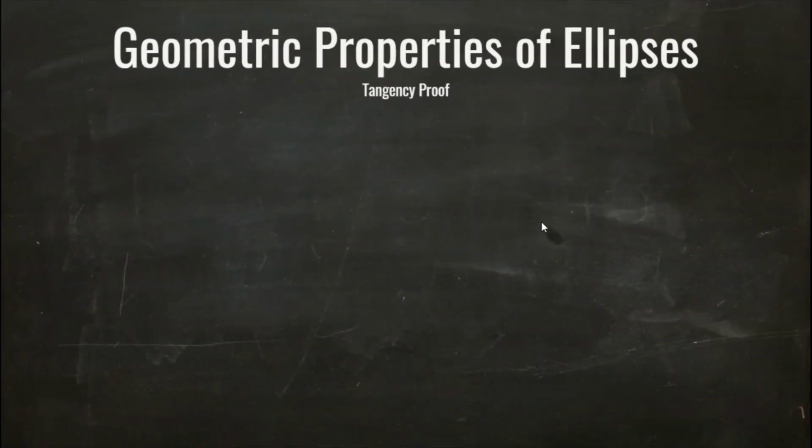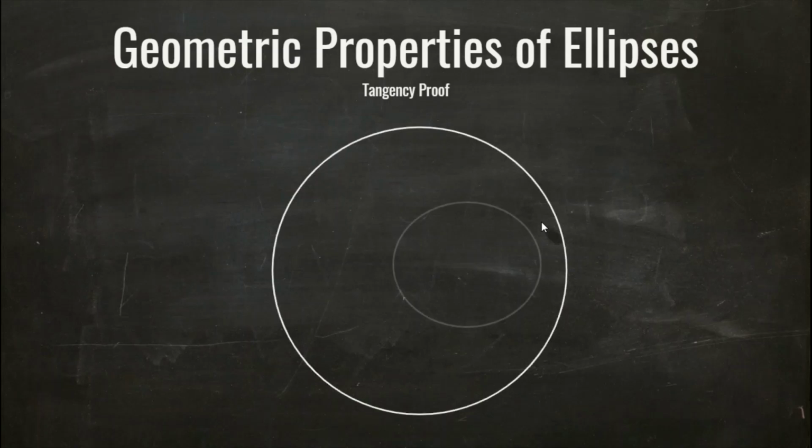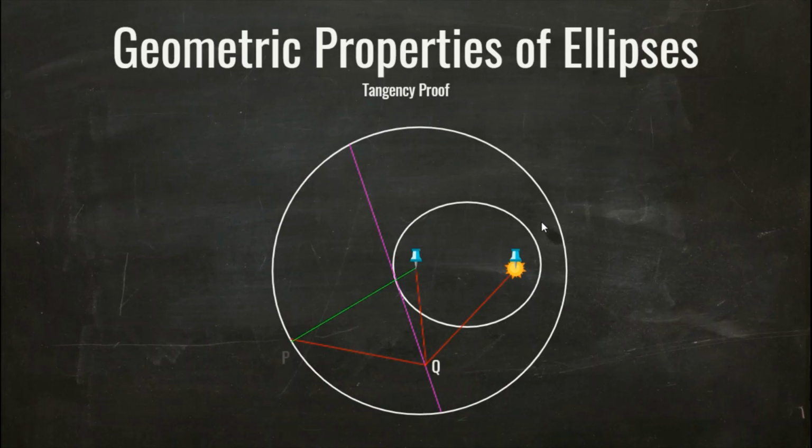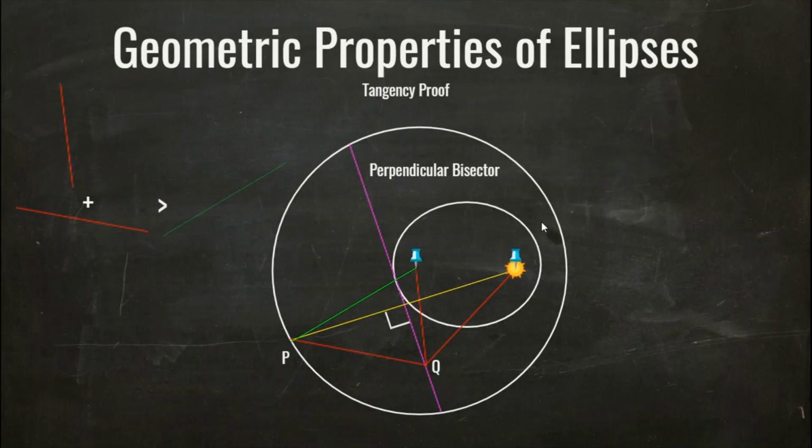Now, I've been saying that the perpendicular bisector is a tangent to the ellipse, so where's the proof? Well, firstly, at any other point on this perpendicular bisector, the sum of the lines going from Q to the eccentric point and Q to the circle center is always greater than the ellipse's focal sum on the point of tangency, which is just the radius.